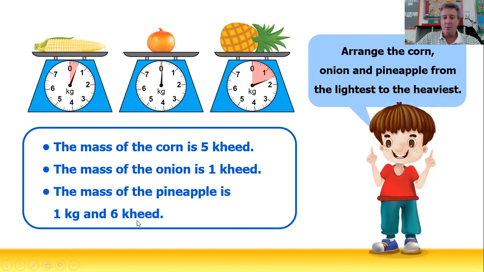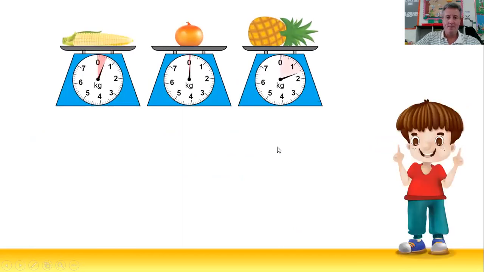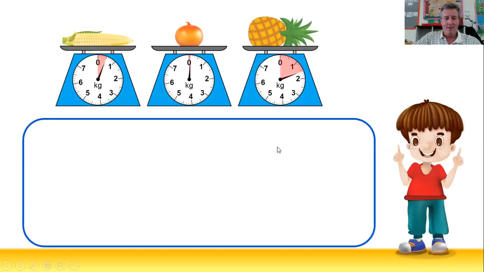Or how else can we say that? We could say the mass of the pineapple is 16 kg. So then we use the same unit for all of them. Five minus 1 is 4, isn't it? So the corn is 4 kg heavier than the onion.